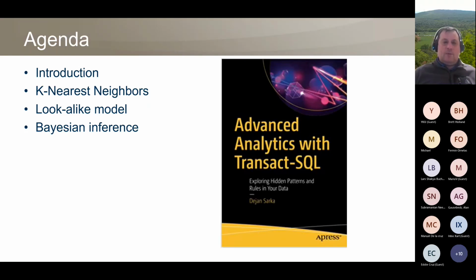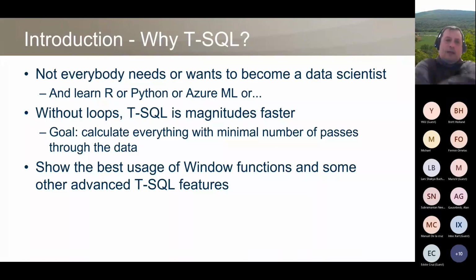And then I will talk about 3 algorithms: k-nearest neighbors, lookalike model, and Bayesian inference. These things are explained in more detail in my last book, Advanced Analytics with Transact SQL. There are also many other things explained about statistics, machine learning, and so on.